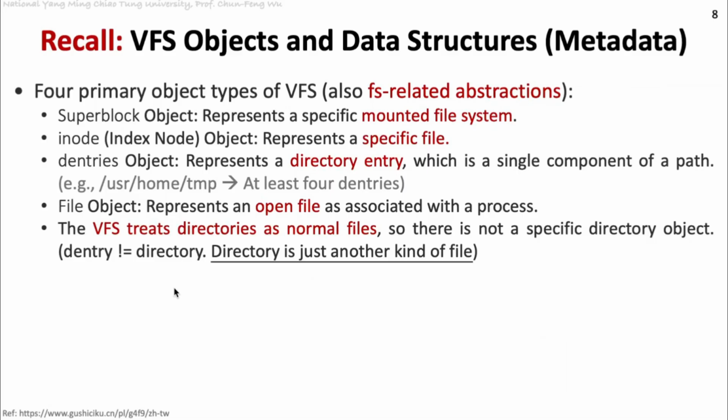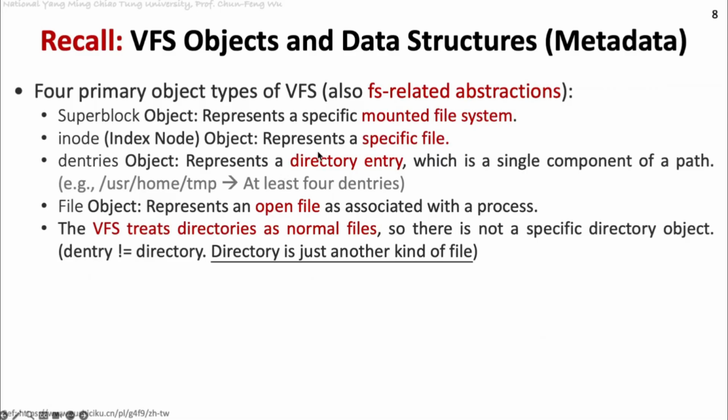A file has data contents, but in addition there are permissions and how to access the file, like where it is stored, in the storage device or in memory. We use the inode object to describe that kind of metadata.